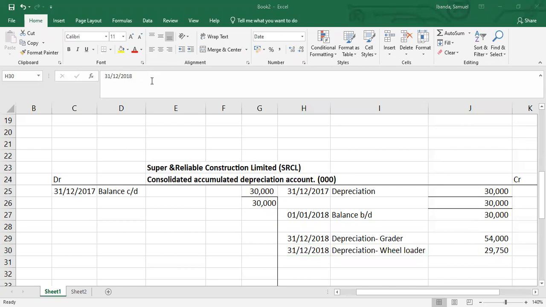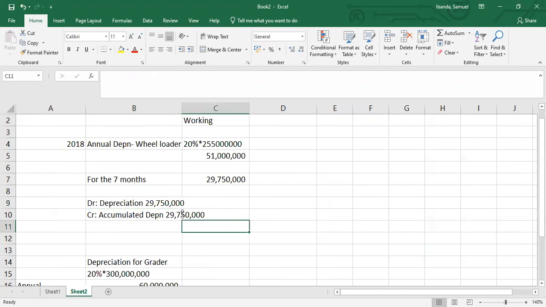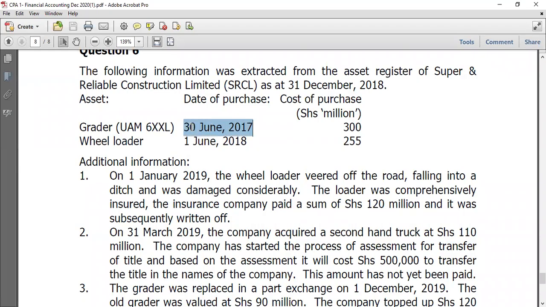Somebody says, pardon, on depreciation for the grader 2018. Grader was bought in 2017. It existed only 6 months up to the end of 2017. But for the period of 2018, this grader existed for all the 12 months.